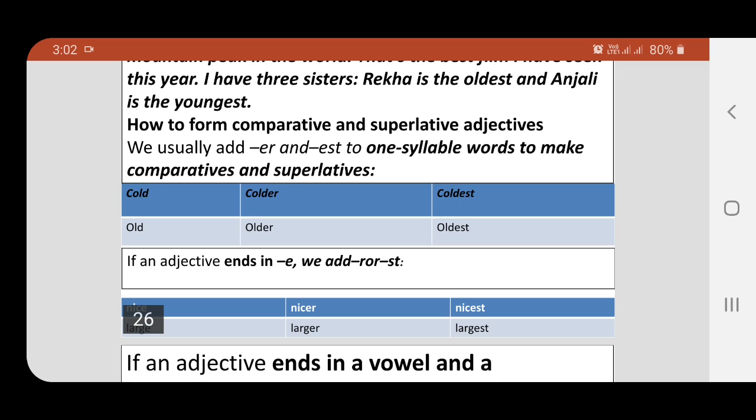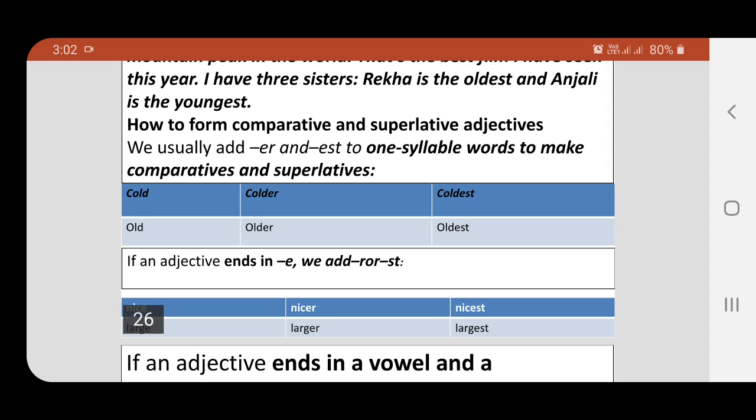Cold, colder. Hot, hotter. Weak, weaker. Tall, taller. Sweet, sweeter. So these are some of the comparative adjectives that are obtained by modifying the words.